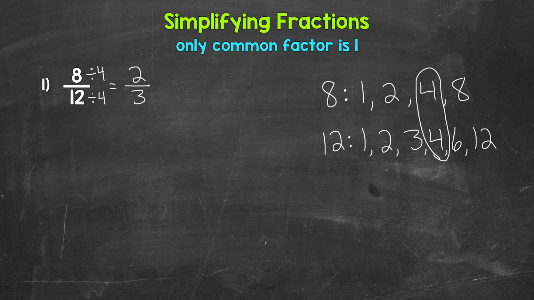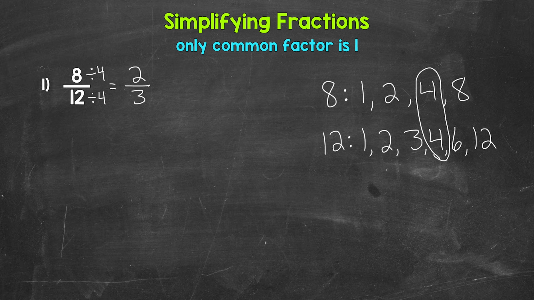Now please keep in mind, a simplified fraction is equivalent to the original fraction. We're not changing the value of the fraction at all when we simplify. Now, before moving on, I do want to cover one more really important thing here about simplifying. When we simplify, there may be multiple paths, multiple ways that we can simplify.